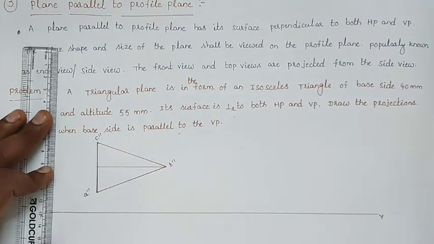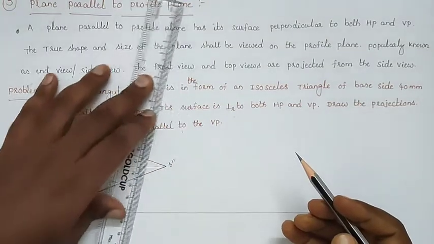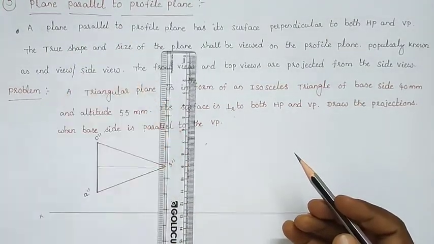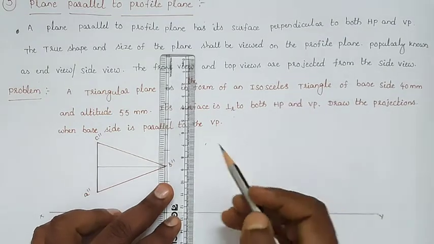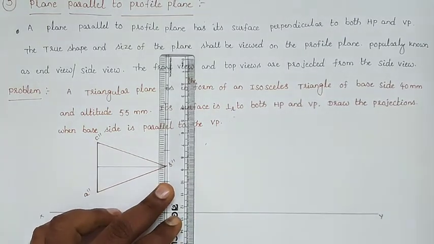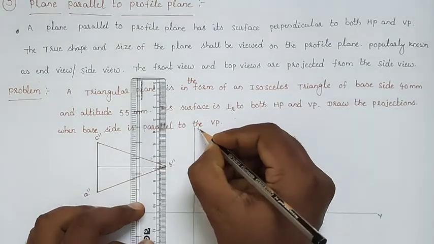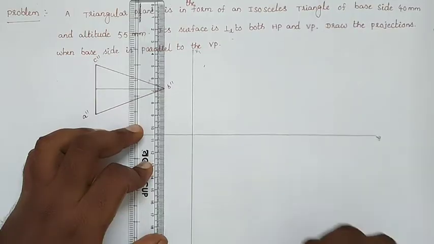Because it is a side view, after drawing the side view, we will draw the front view and top view. For that, take some distance and draw another reference line X1Y1, which is perpendicular to the reference line XY.